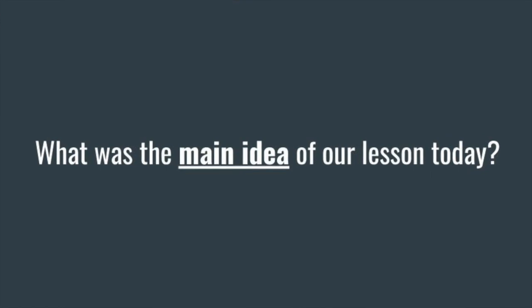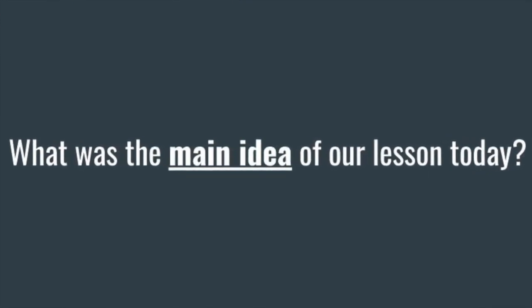So let's recap. What is the main idea of this lesson and all of the lessons that we've done this week? We've talked about what a main idea is. A main idea is that big takeaway. It's that main impression that we got. It's what the author wants us to get out of the text. We talked about graphic organizers, right?